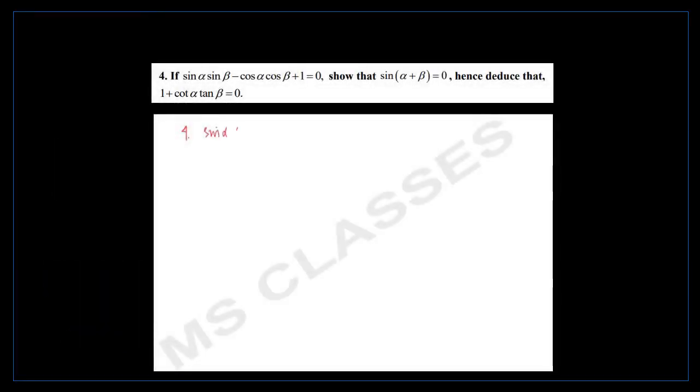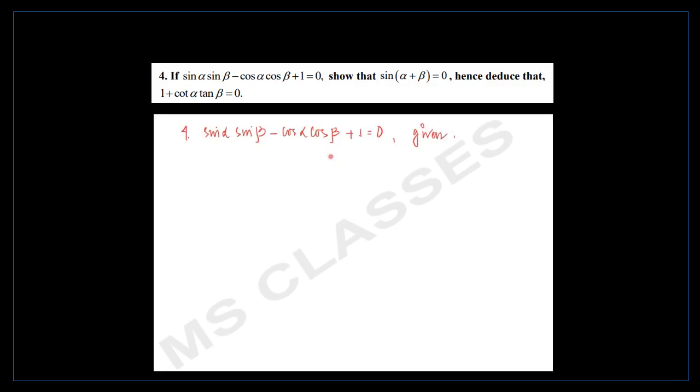Sin alpha sin beta minus cos alpha cos beta plus 1 equal to 0 is given. And what we have to show is that sin (alpha plus beta) equal to 0.